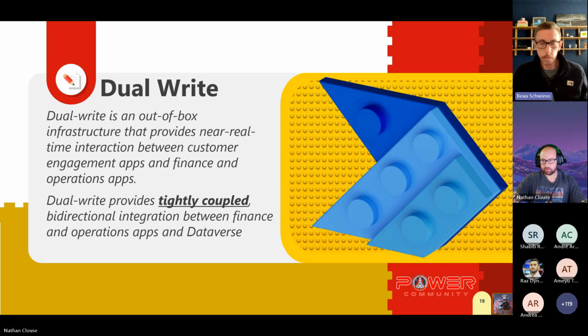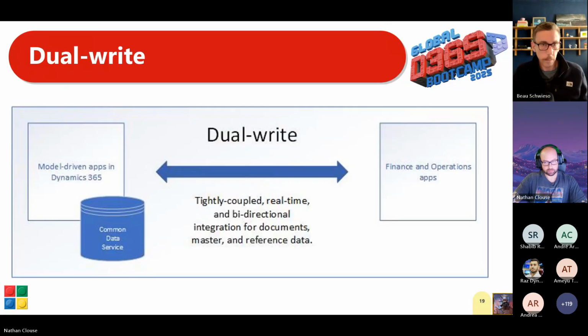So we have an ability to customize tables in F&O and customize tables in CE, and dual write allows us to connect the pipes, if you will. So a contact on the CE side maps to a customer on the F&O side, and I think I've got an illustration on that in the next slide. Actually, one more slide over.